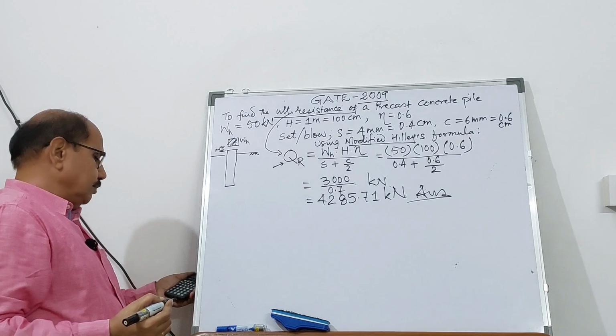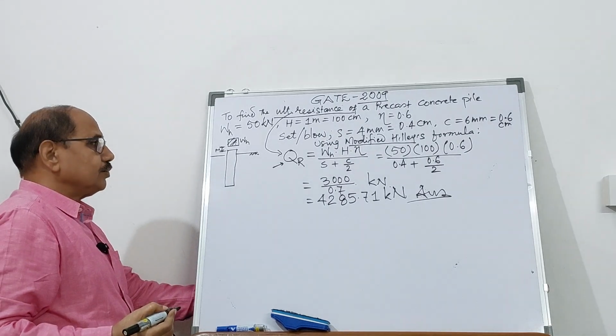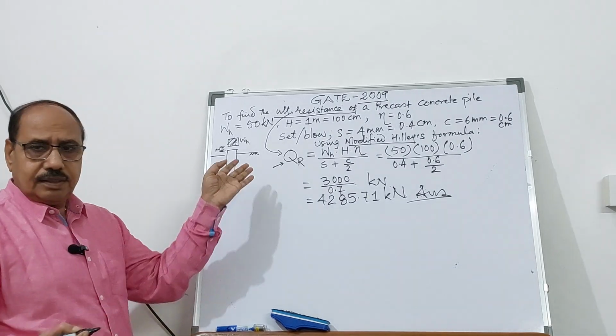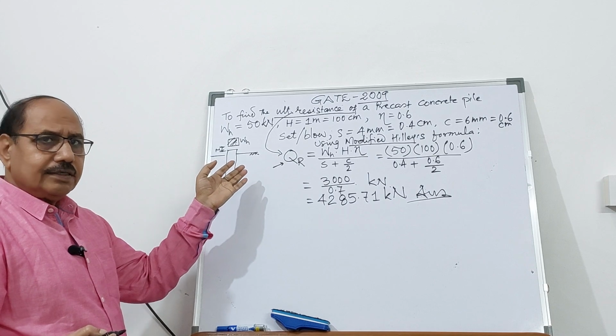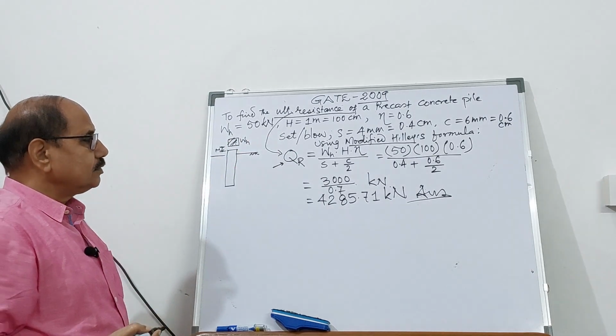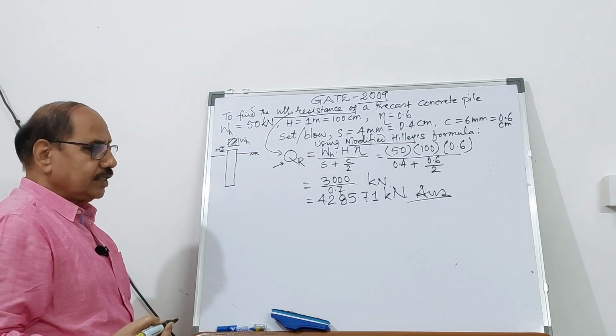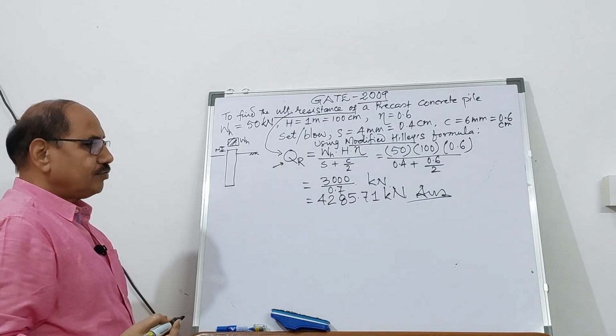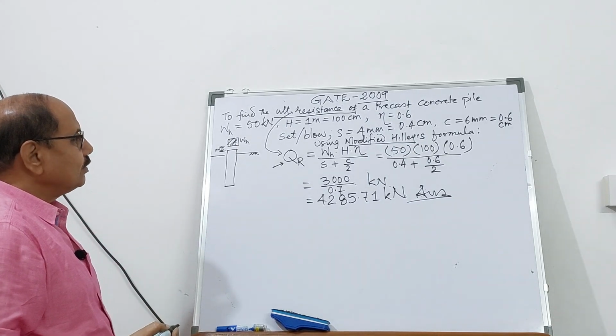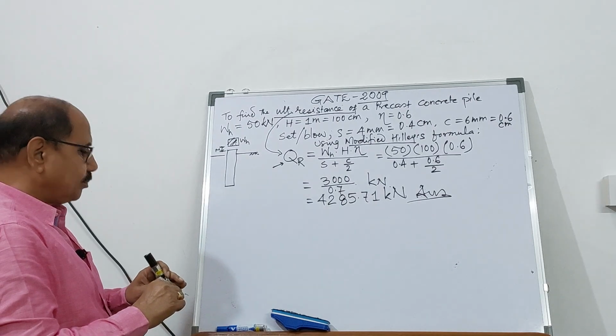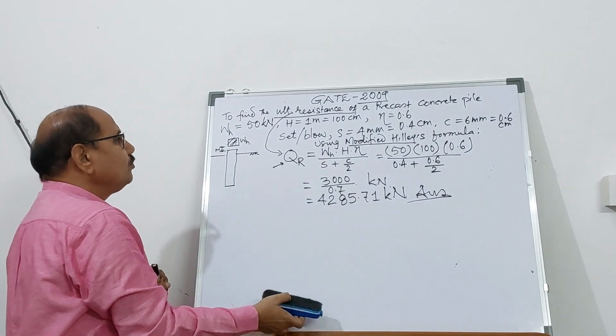Very simple problem. If you know modified Healy's formula, all the related data are supplied to you in the examination, and therefore you can solve easily the problems. Now the next problem will go.